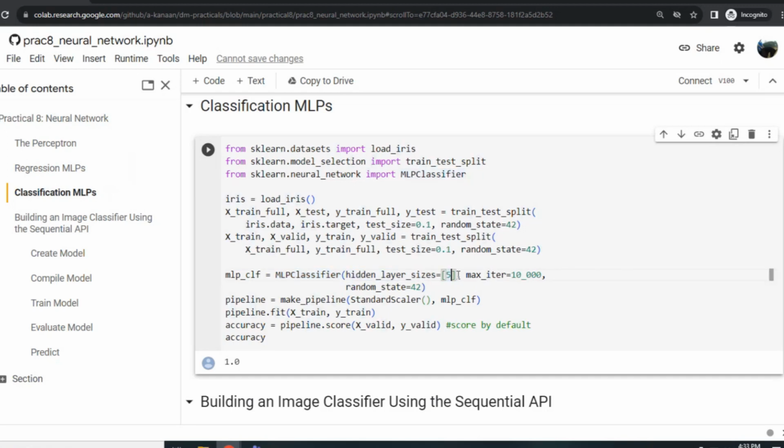Here we got only a value of 5, which indicates we have only one hidden layer with 5 neurons. Max iteration refers to the epoch. Then make pipeline, standard scalar, same as before. Fit, and finally we calculate the score, which is accuracy in this case.